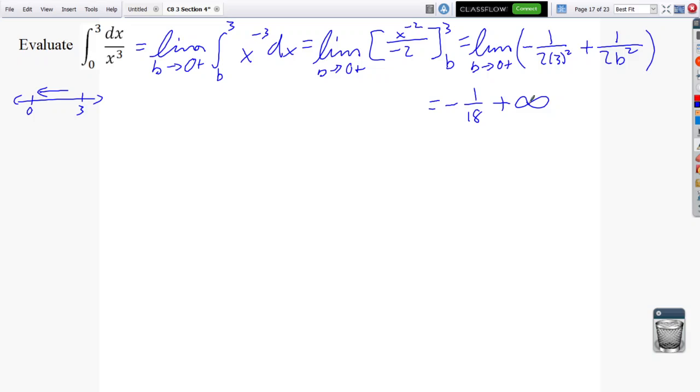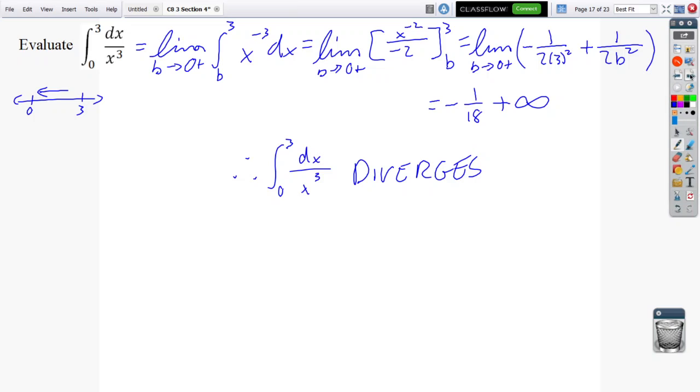We've got -1/18 plus infinity. That just means that we have an infinite value, and the way that we say that we have an infinite value is we use the D word. Because we got infinity, the integral from 0 to 3 of dx over x cubed diverges.